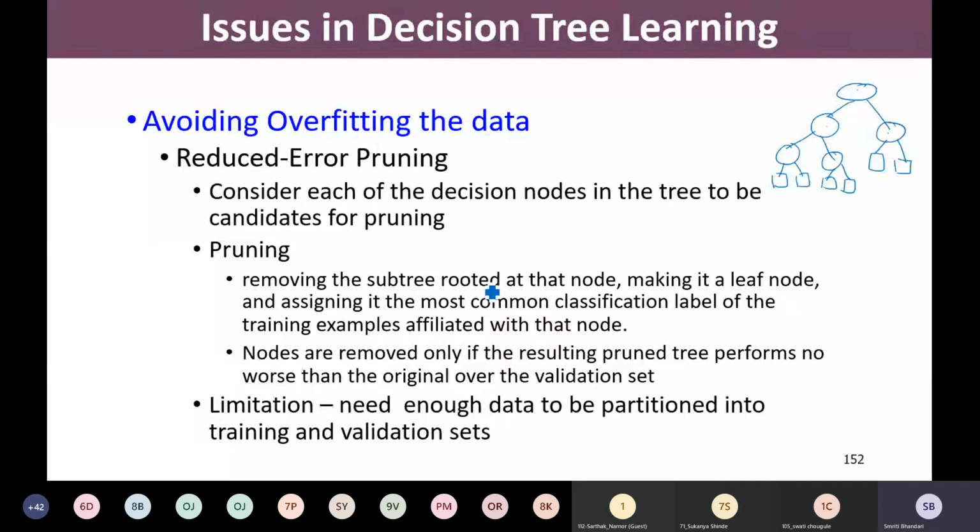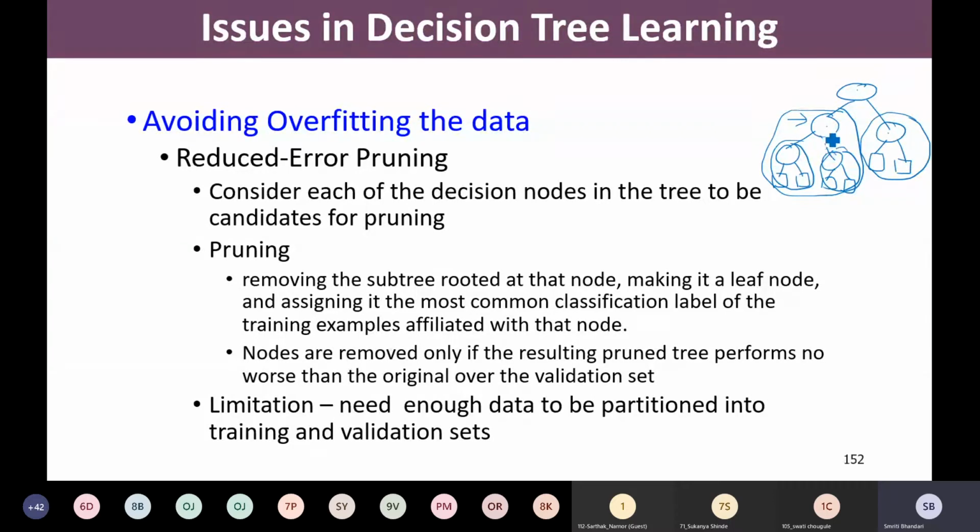What do we mean by that? Suppose I want to remove this subtree. This entire part is a subtree. This also is a subtree. This also is a subtree. So at every node, we'll check whether we can prune it, whether we can remove that subtree.